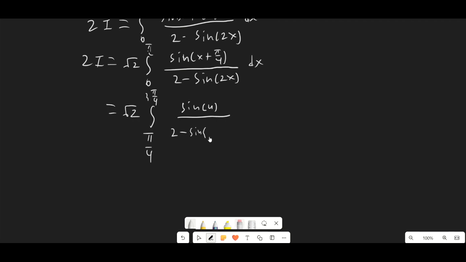So we're actually going to end up with plus cosine of 2u. And how did this help us? Well, cosine of 2u actually has a really nice identity. We're going to substitute it in.